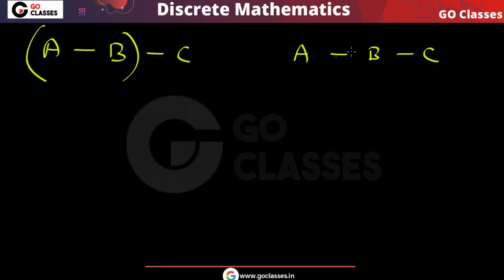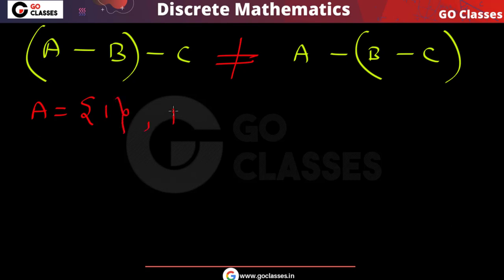But what about set difference? Can I say that (A minus B) minus C is the same as A minus (B minus C)? Set difference is not associative, because, for example, let's assume A is 1, B is also 1 and C is also 1.